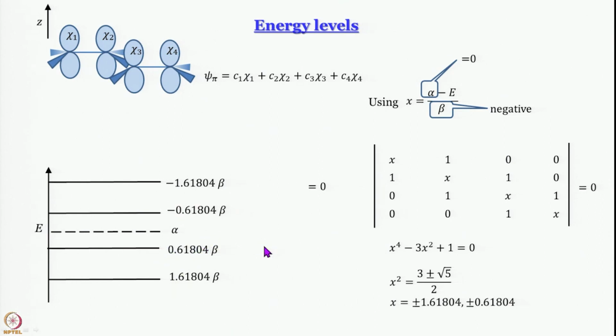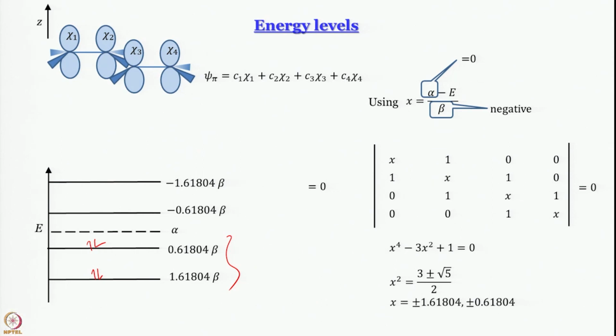Okay. How many electrons are there? 4 electrons, is not it? 4 pi electrons are there in butadiene. So if I just fill in the electrons, then I can draw like this in the conventional sense. These turn out to be the bonding occupied orbitals, and those are the anti-bonding unoccupied molecular orbitals.